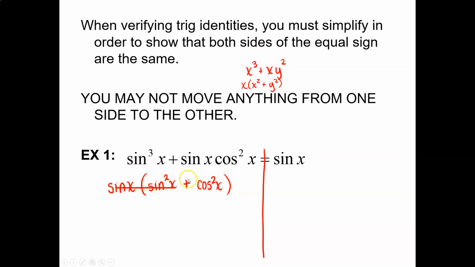So, does this look familiar? Sine squared x plus cosine squared x. We just saw it a minute ago. What was it? It was Pythagorean identity, and what was it equal to? 1.